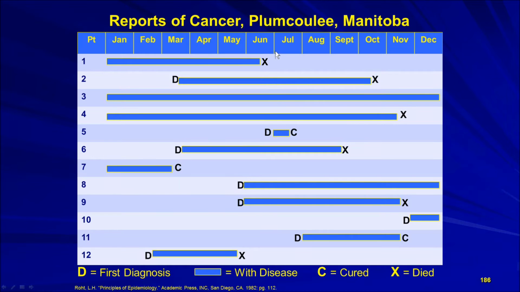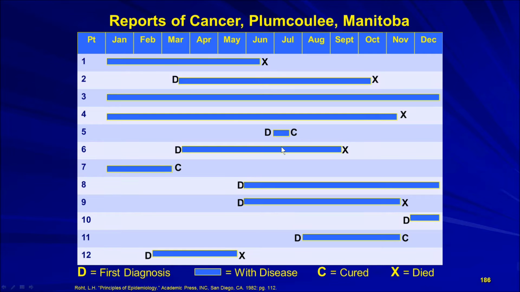So which cases am I going to count? Well, I'm going to count case 2, because it happens to be a new case, but nevertheless it occurs on July 1. We're going to count case number 3 because it is an existing case. This one is a newly diagnosed case, so we're going to count that one.